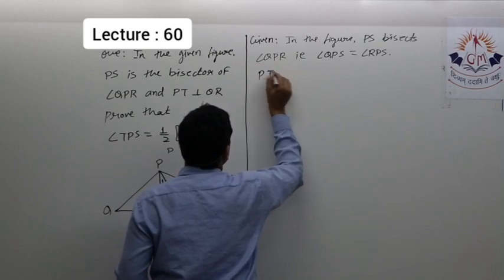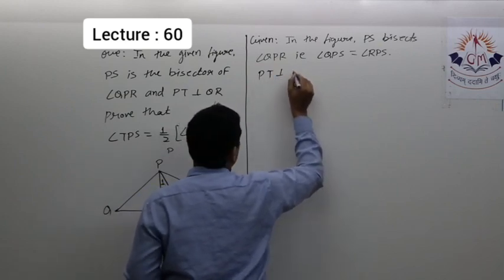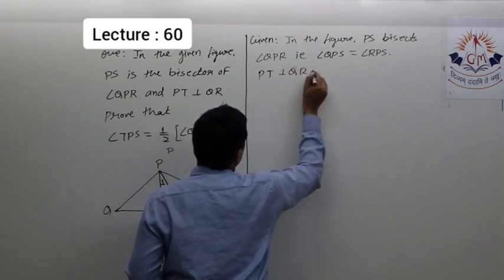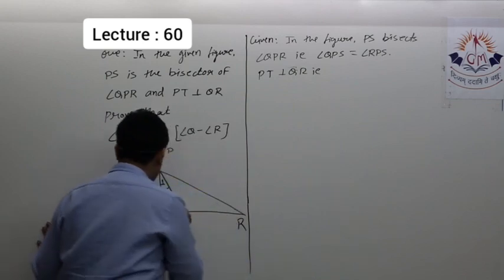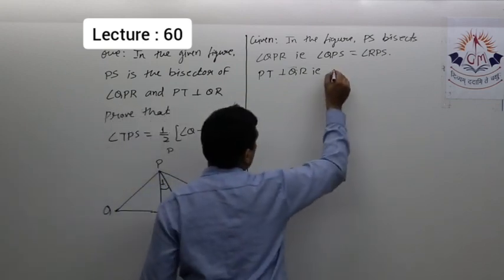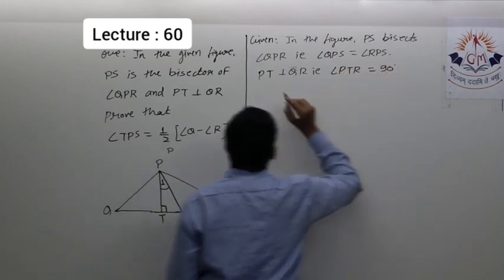PT perpendicular to QR, that is I can say angle PTR is equal to 90 degree.